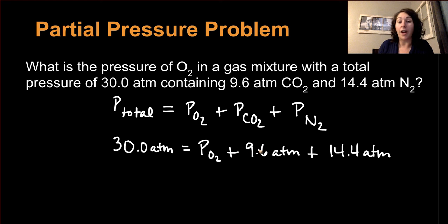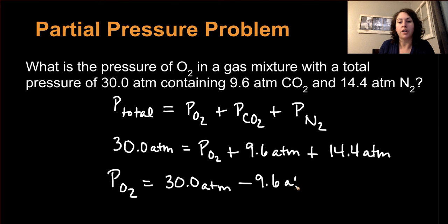Since we're adding, we're going to subtract these from both sides. To find the partial pressure for O2, I'm going to take 30 atmospheres, subtract the 9.6 atmospheres, and also subtract the 14.4 atmospheres.